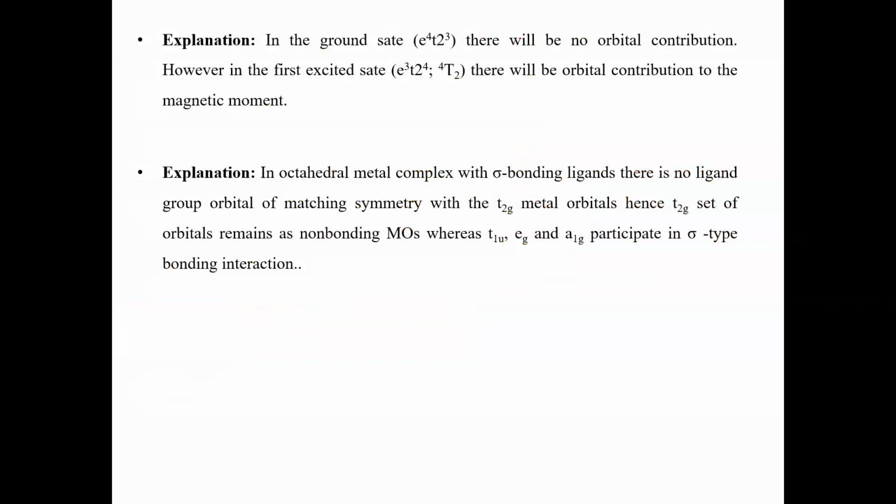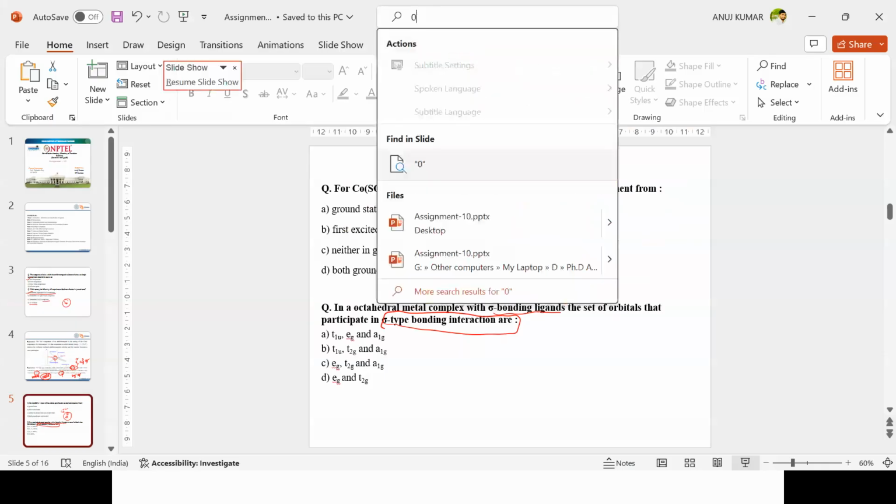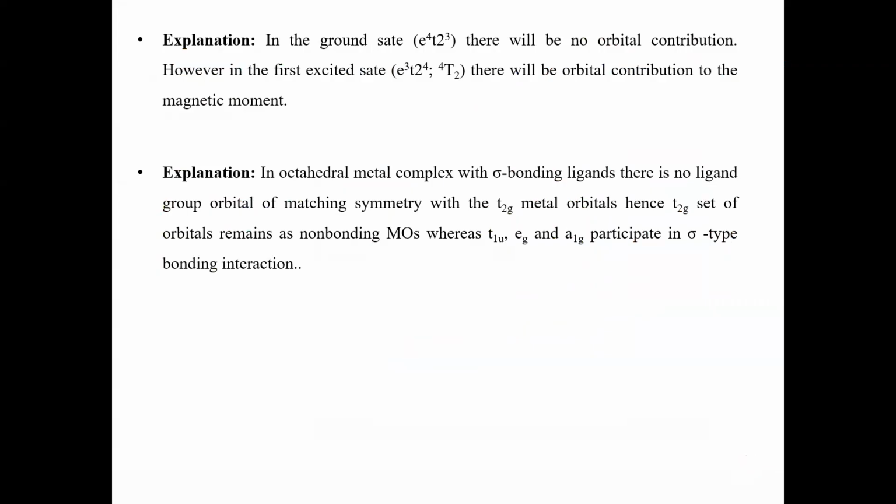Another criterion that you can follow while identifying the orbital contribution is whether any state has a triplet degeneracy. In the ground state, the electronic configuration will be e4 t2g3, and you can see here that T2 is symmetric.